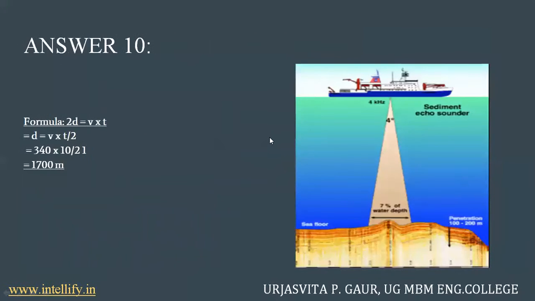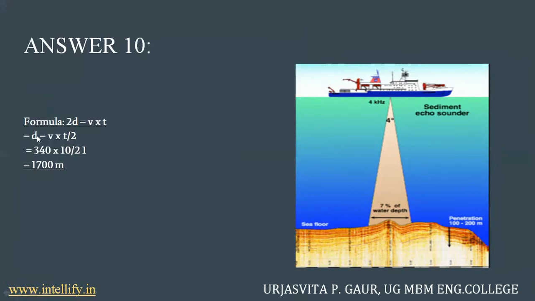In this case, the formula we are going to use for the echo is 2d = v × t, where d is the distance, v is the velocity at which the sound is traveling, and t is the time taken to hear the sound back after the echo reverts.